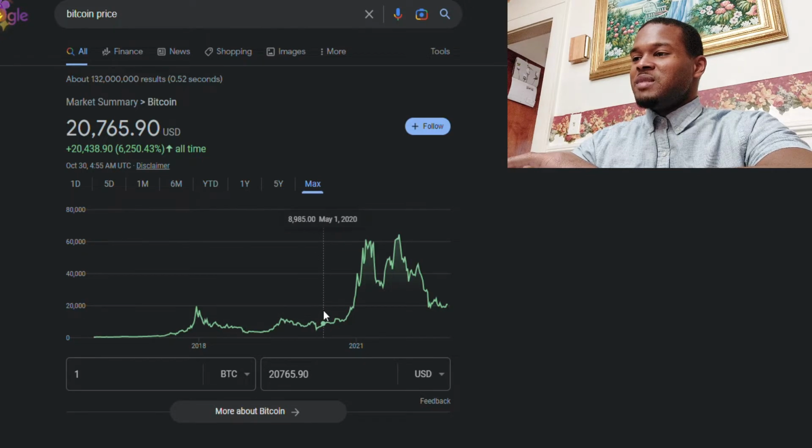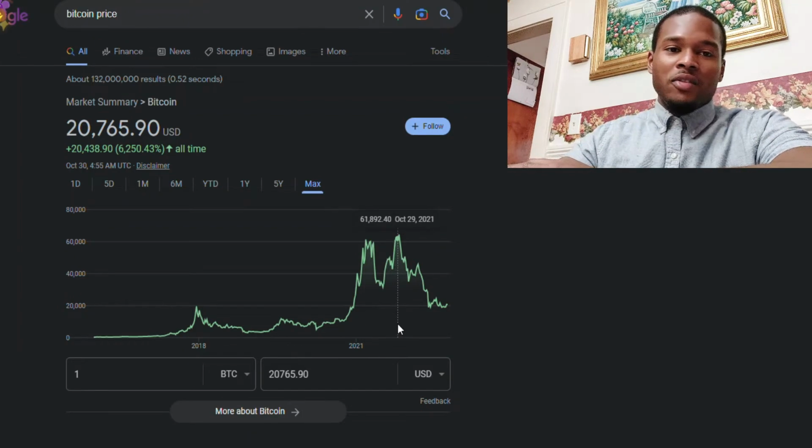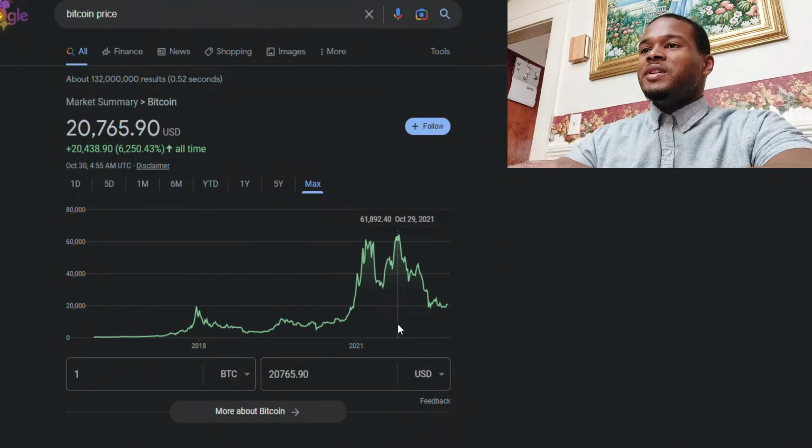This is the easy money, Fed zero interest rates. Look at this, all the way to 2021, Bitcoin hit 61,000. Of course, it crashed again. It's a volatile asset. 61,000 was an all-time high of Bitcoin.